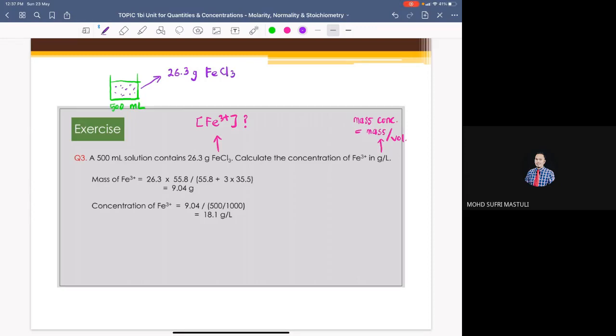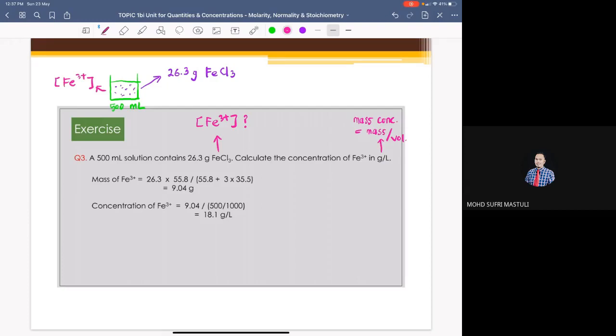The question is asking you about the concentration of Fe3+.